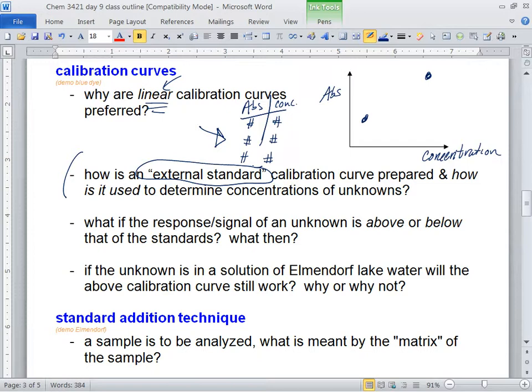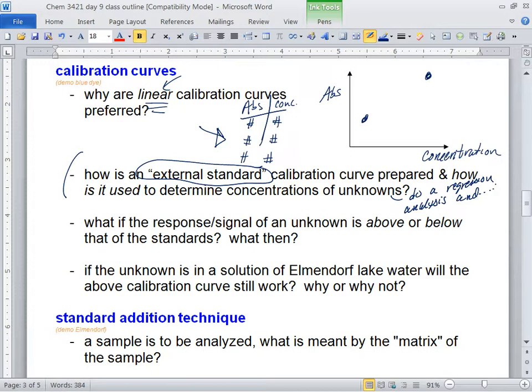Okay. And how is it used to determine concentrations of unknowns? Well, we already talked about that. Do a regression analysis, and you can finish the sentence. Make a trend line, like what Jeff was saying, or more simply, just say do a regression analysis and get the values for the slope and y-intercept.